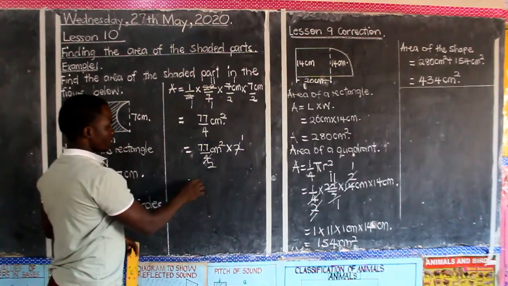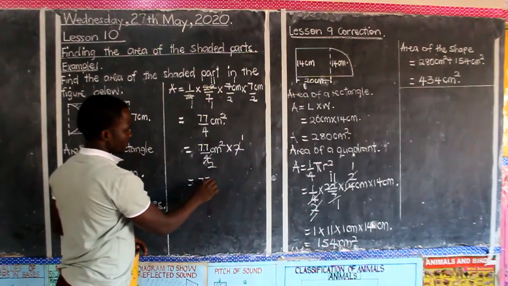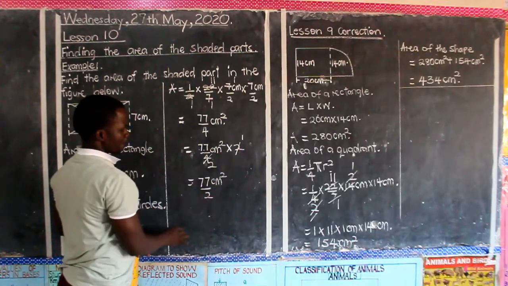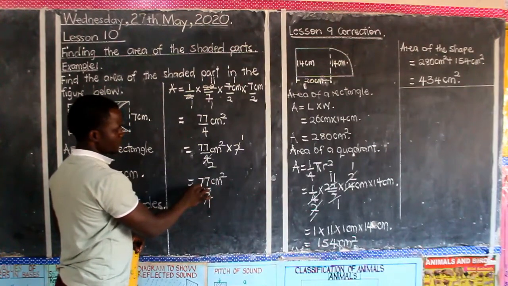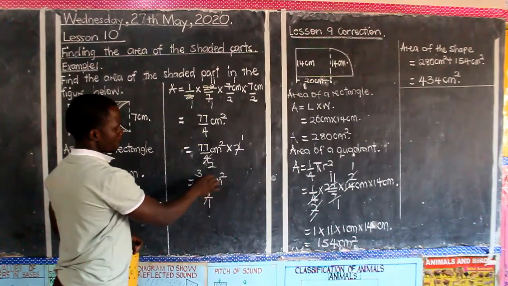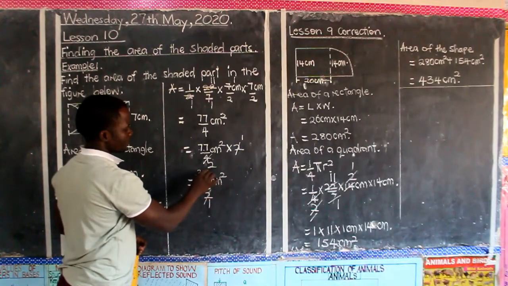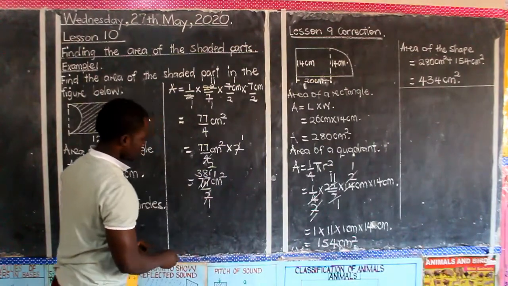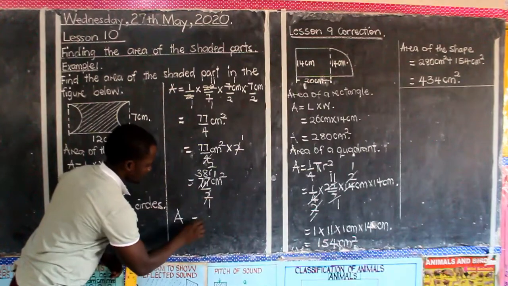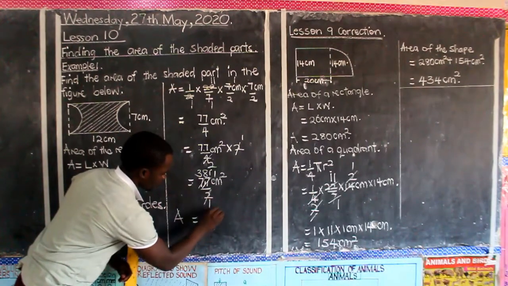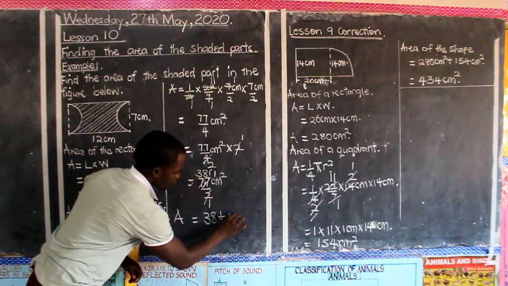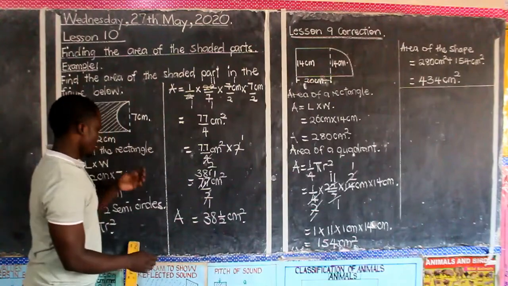So here, we shall have 77 square centimeters out of 2. By 2 once, by 2, 3, remainder 1 to make 17. By 2, 8, remainder 1. So the area of 2 semicircles is 38 whole number 1 out of 2 square centimeters.